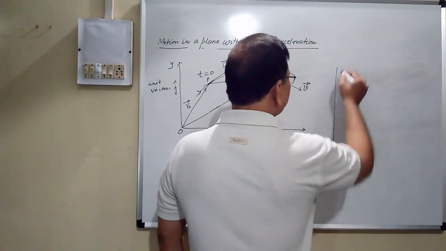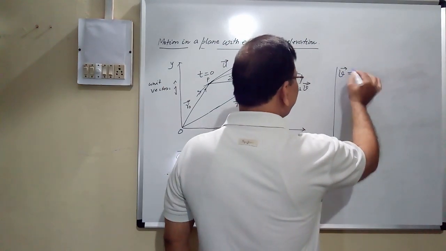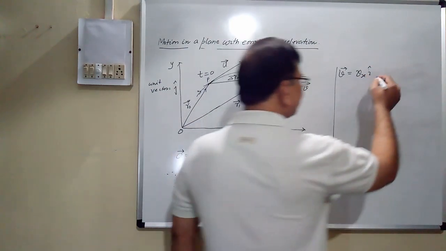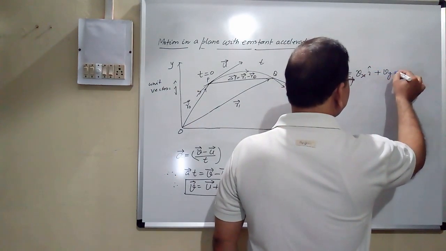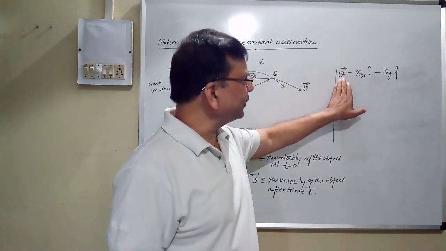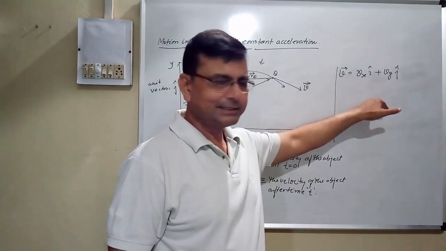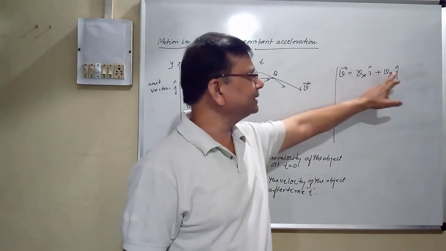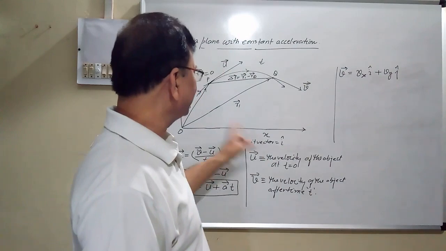You see, v can be written as vx i plus vy j, where vx is the component of this velocity along x-axis, vy is the component along y-axis, i and j are the unit vectors along x and y.